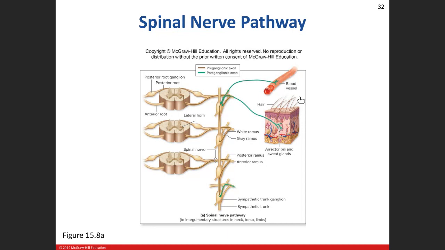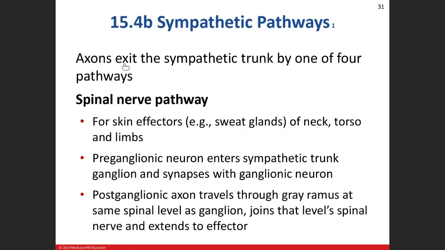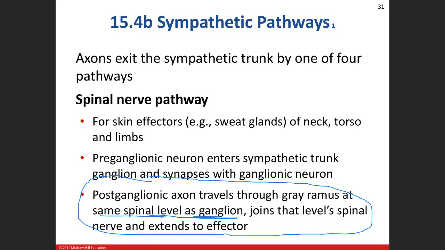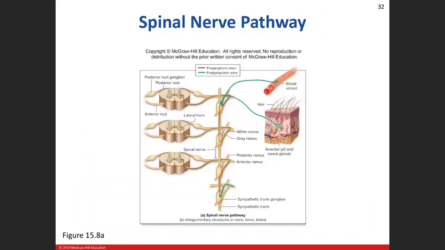And if you don't believe me, go back to here. Here it is. That postganglionic axon has to travel through the gray ramus at the same level as the ganglion there. The same level. So no matter what, it has to exit there. Once you synapse, you're leaving. You're getting kicked out. You got to go.